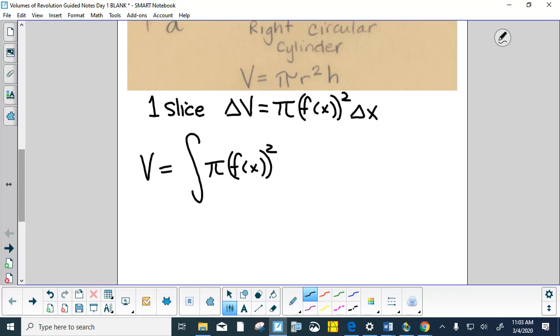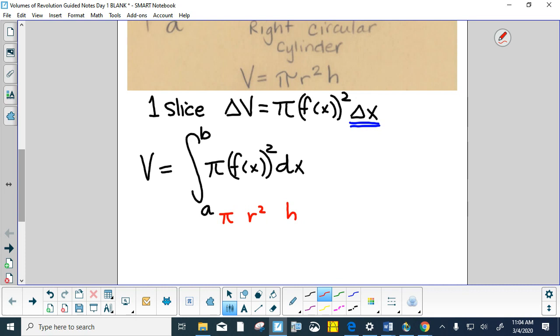And instead of having a delta x, I'm going to change that to an infinitesimally small change in x and make that dx. And before we get carried away, and then we're going to go from a to b, whatever our restraints are. But before we get worried, this is nothing more than pi r squared h, isn't it?